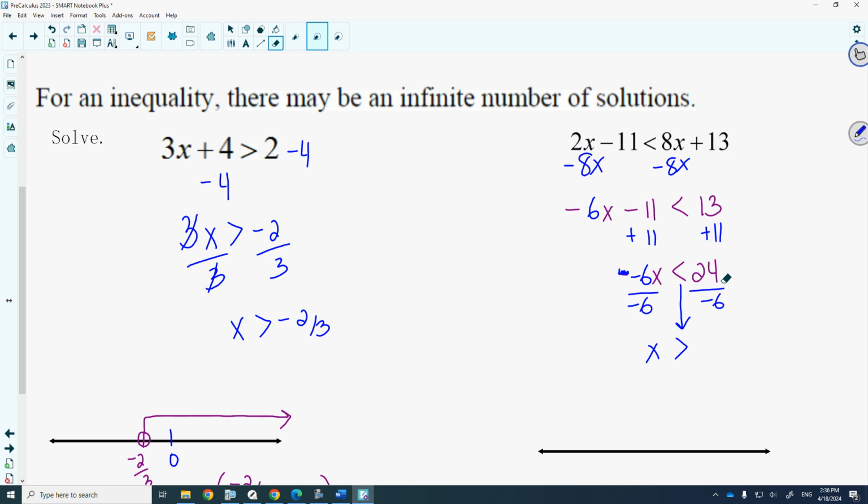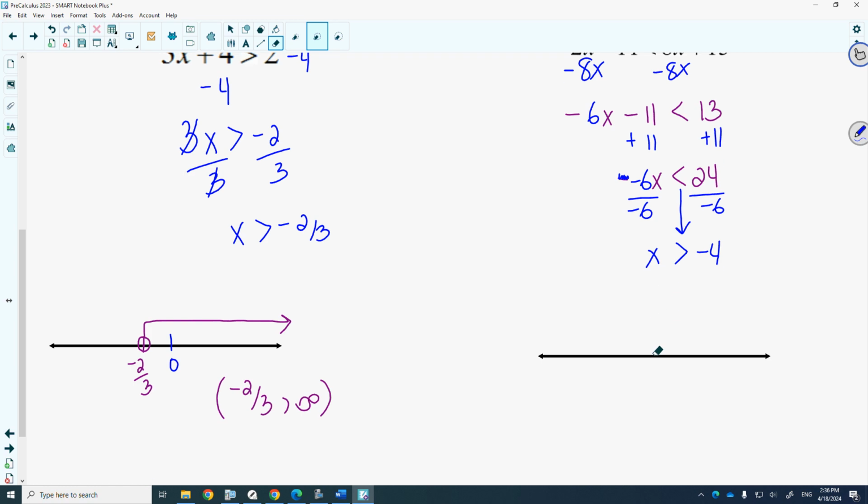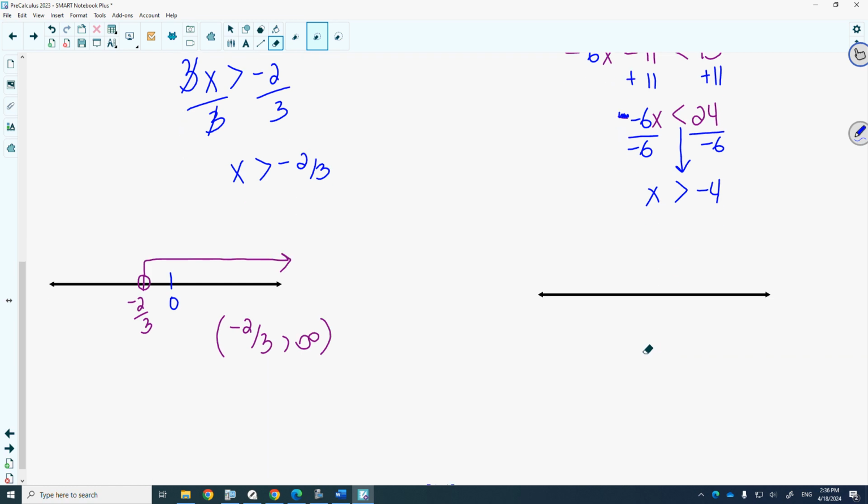I am dividing by a negative, so my inequality will flip, and 24 divided by negative 6 will be negative 4. X is greater than negative 4. Representing that on a number line, you would have negative 4. Negative 4 is not included, and we are greater than negative 4. So that would be negative 4 to infinity.